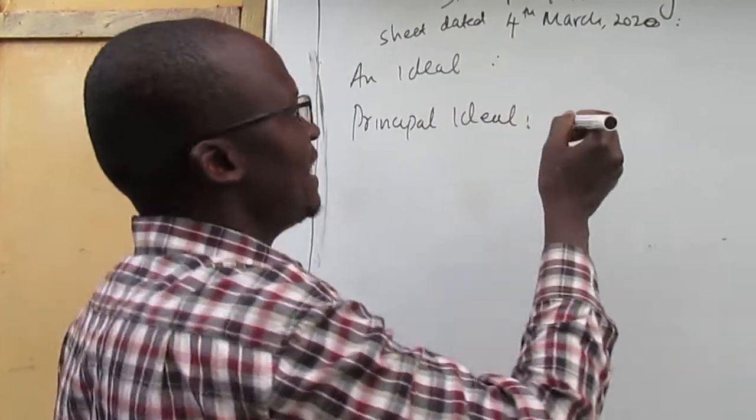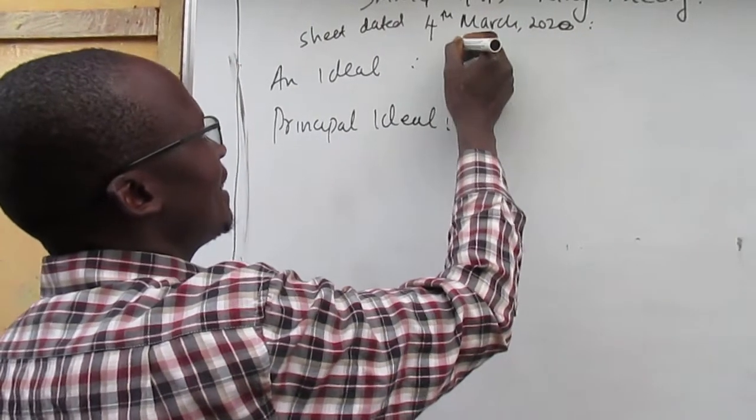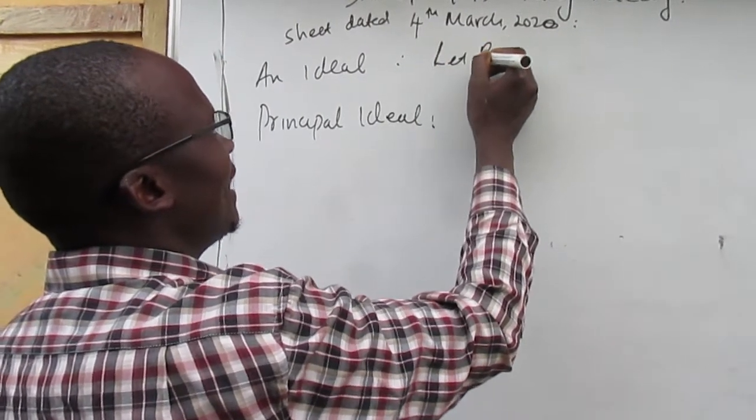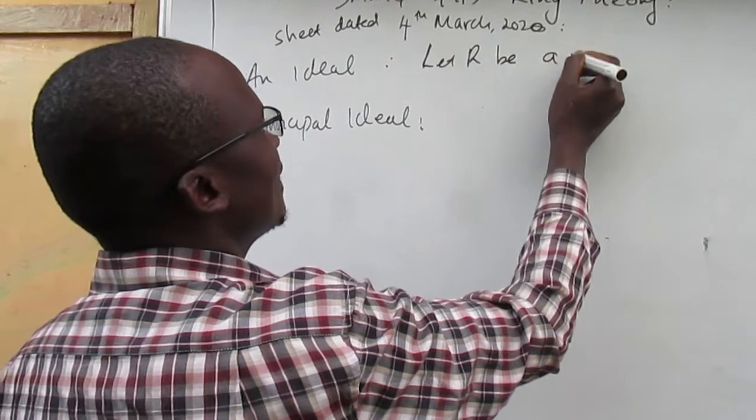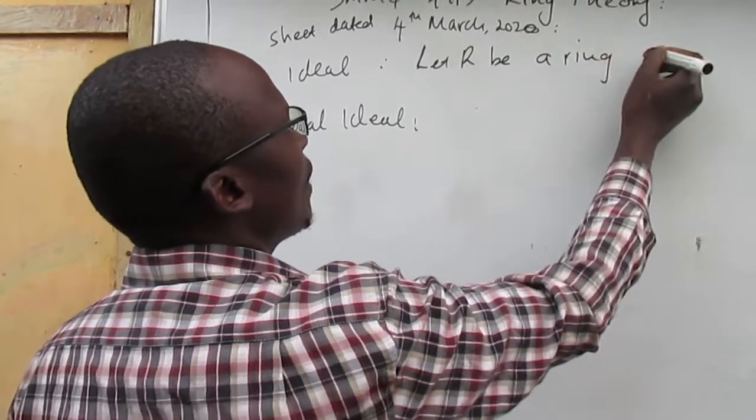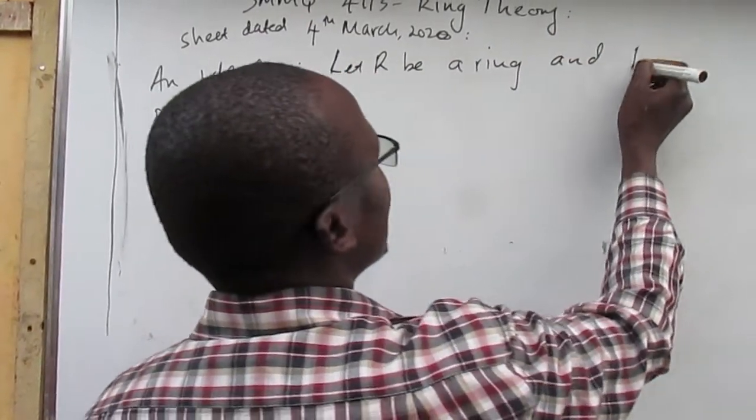So now we define ideals for a ring. Let R be a ring, and ideals are special subsets of a ring.